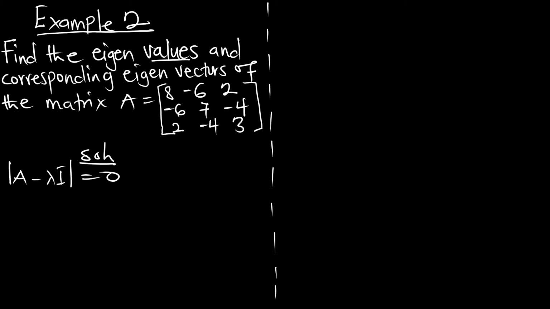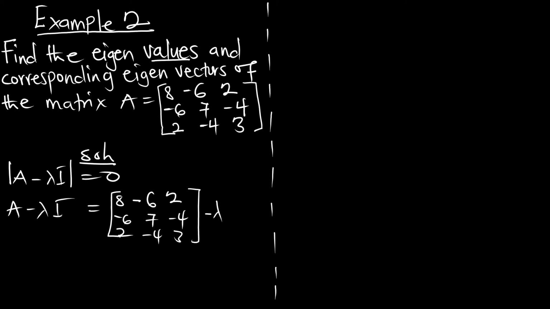So first, let's find an expression for the matrix A minus lambda I. And that is going to be, we have the matrix A to be 8, negative 6, 2, negative 6, 7, negative 4, 2, negative 4, and 3, minus lambda, the identity matrix, 1, 0, 0, 0, 1, 0, and 0, 0, 1 as the identity matrix.